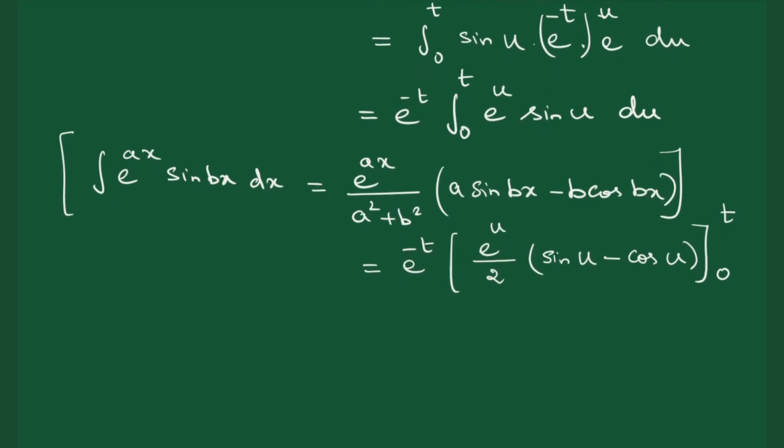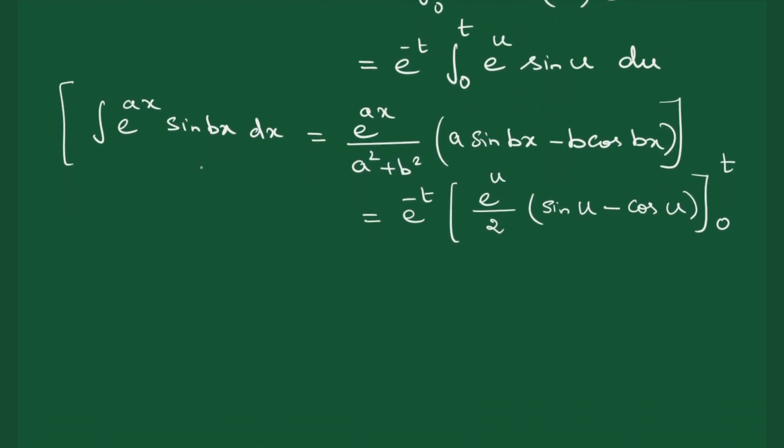Right? So now apply the limit carefully. So here e to the power minus t is a common term. Only the term inside the bracket, the limit should be substituted. So first let us apply the upper limit: e to the power t by 2 into sin t minus cos t. Minus, now apply the lower limit 0.